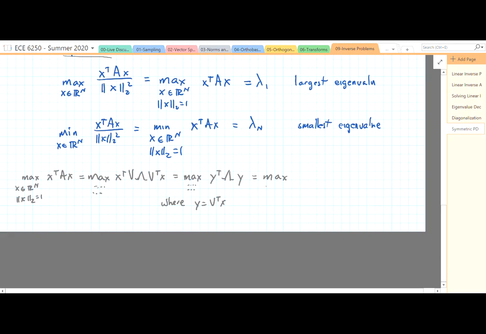So what will be the norm of x? I'm sorry, the norm of y. The norm of y will also be 1.